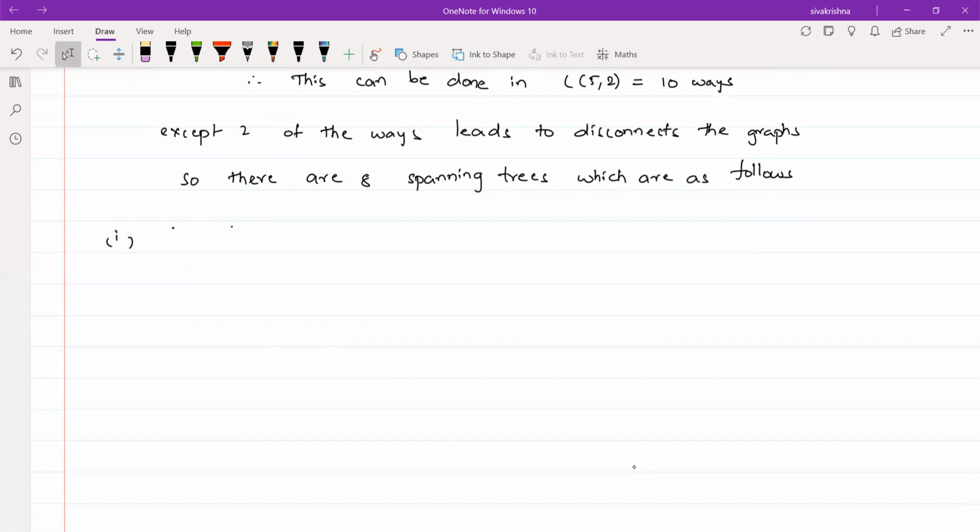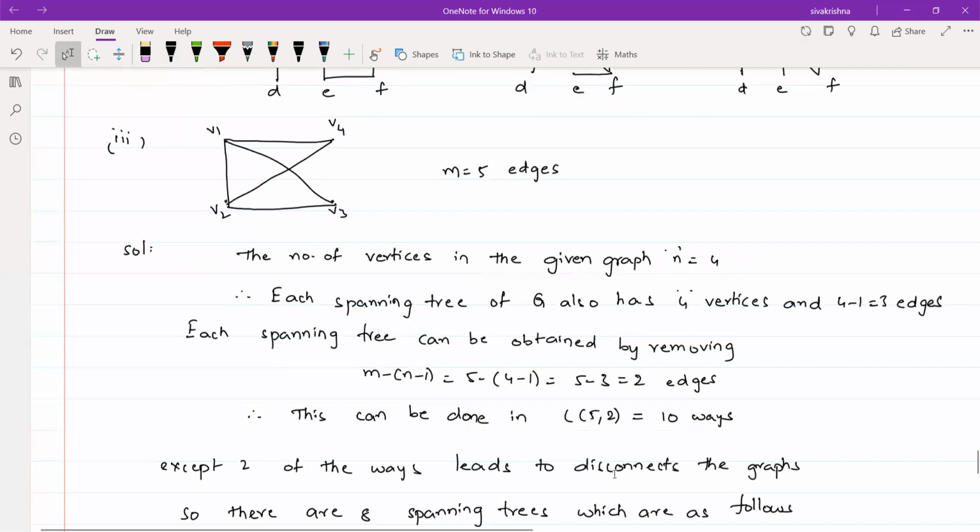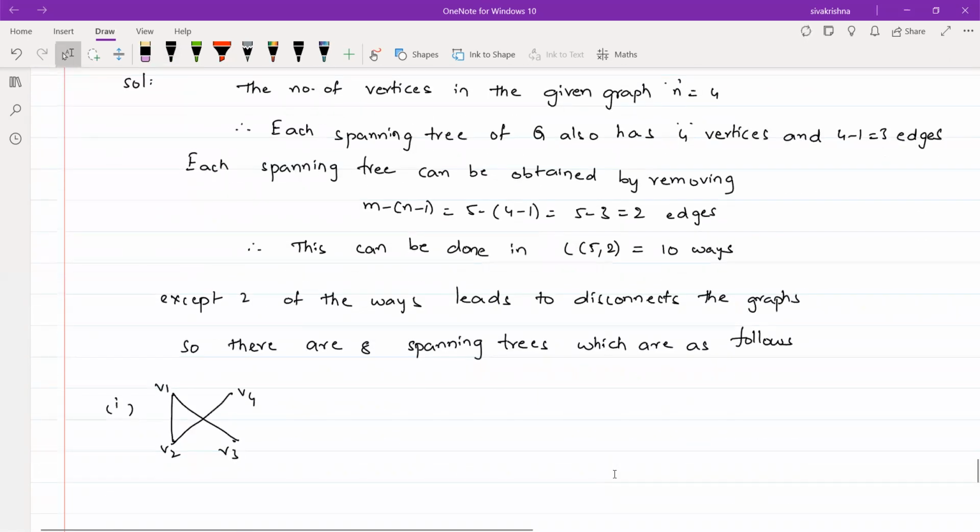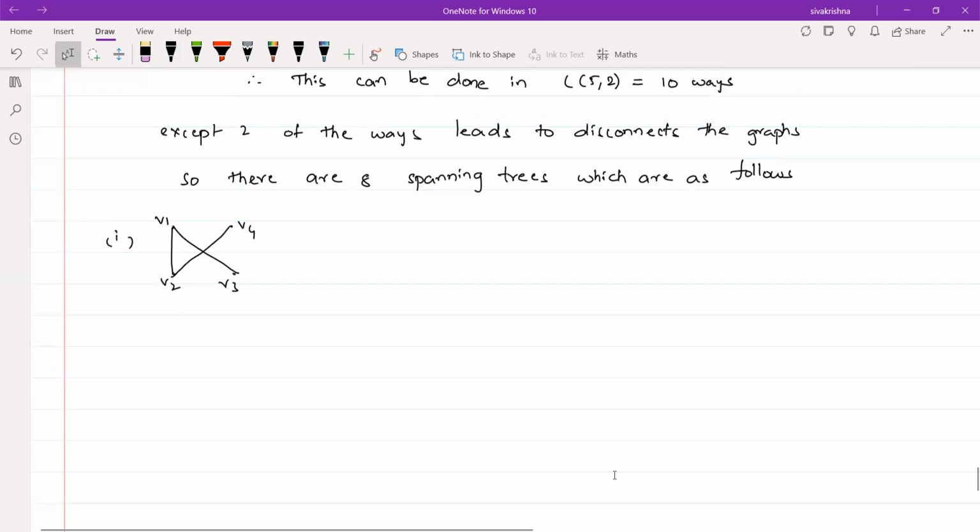Coming to the first one, this is the first one, v1, v2, v3 and v4. Here I have removed 2 edges from the given graph. If you observe the given graph, I have removed 2 edges from it.